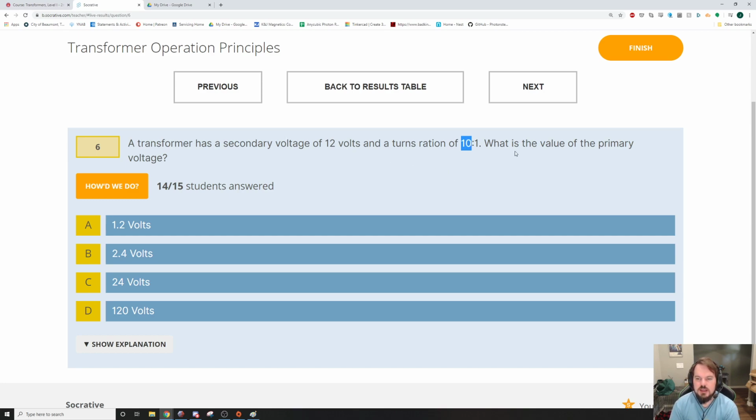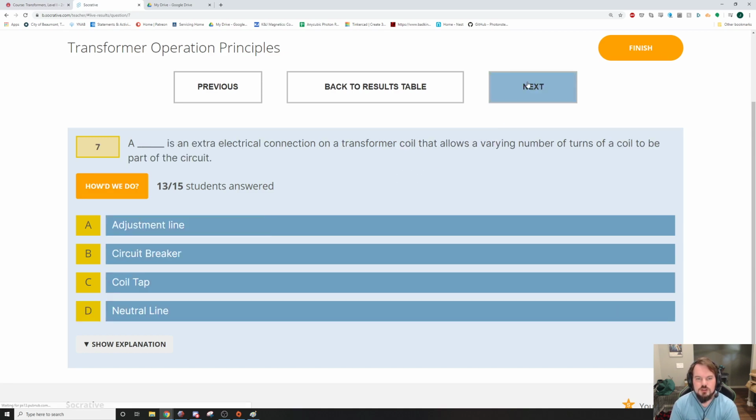So this is saying for every 10 volts on the primary, you have 1 volt on the secondary. So you're multiplying whatever you have on the secondary by 10. So that gives us 120. It's pretty simple math. I'm not going to show the work. 12 times 10, 120.